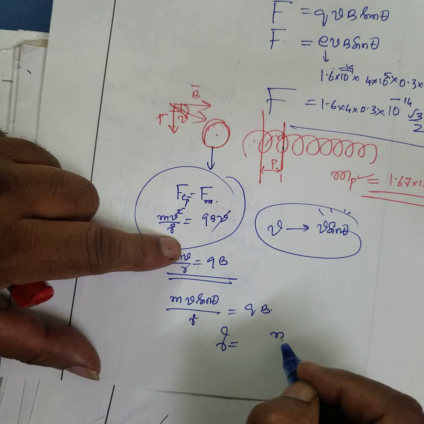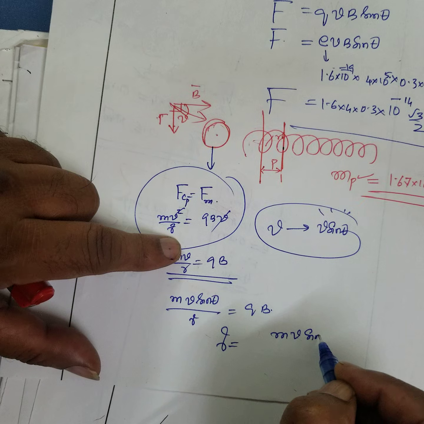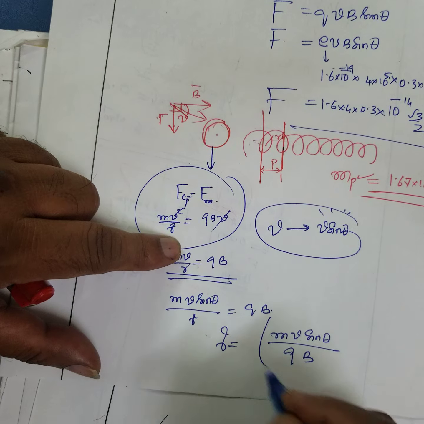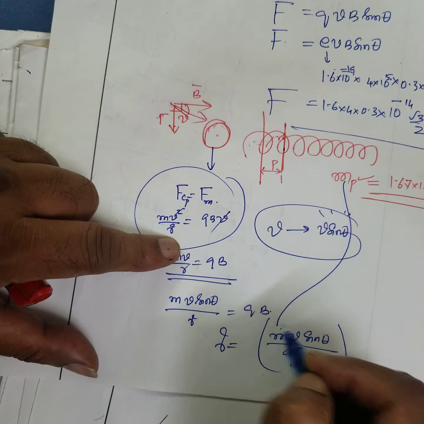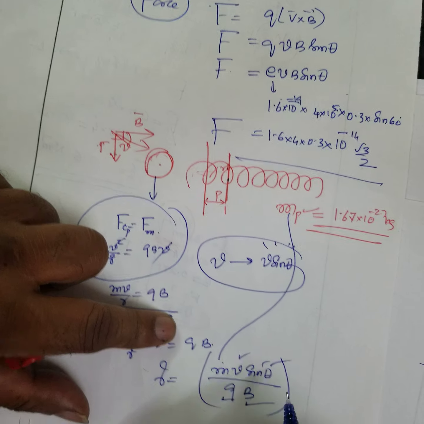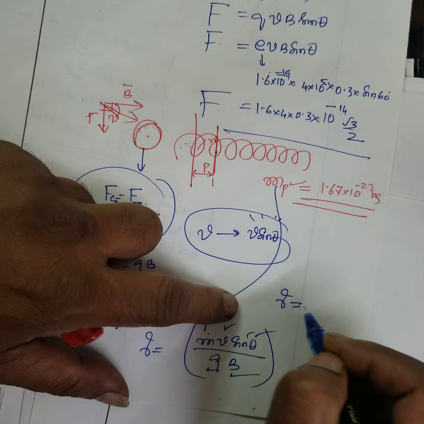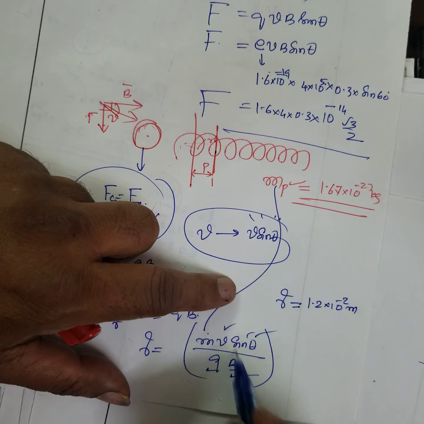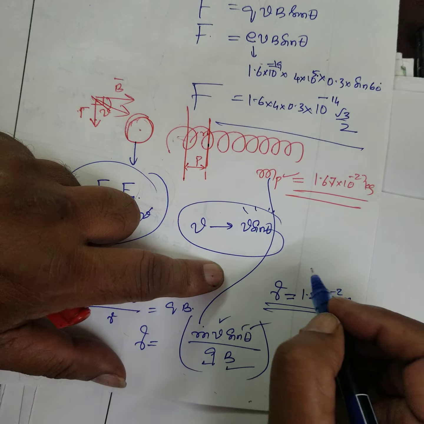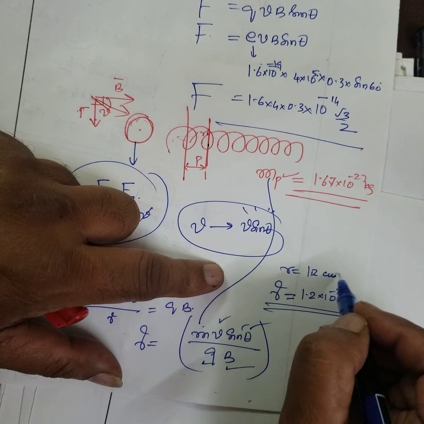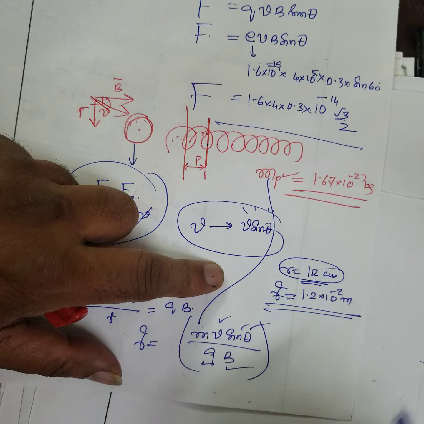Radius is M V sin theta by QB. You can calculate it. Substitute the mass here. Velocity also you substitute. Sin 60 is root 3 by 2, substitute. Charge you substitute. B you substitute. Suppose the radius you get is 1.2 into 10 to the power of minus 2 meter. You'll get this value only. That means 1.2 centimeter. This I already worked out. Okay. Radius is about 1 centimeter.